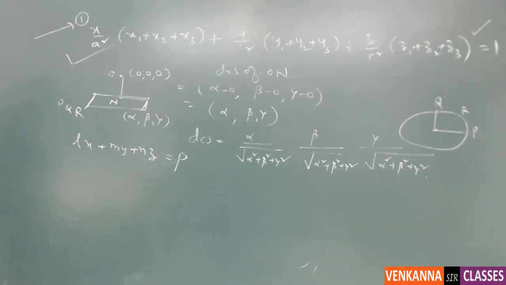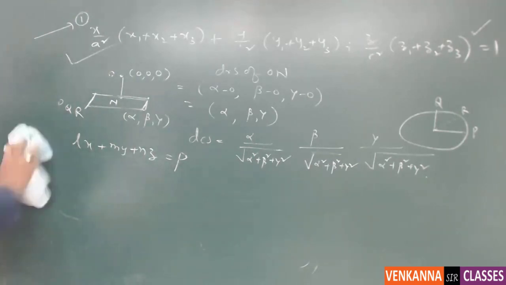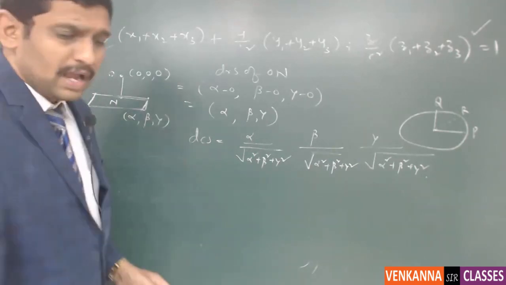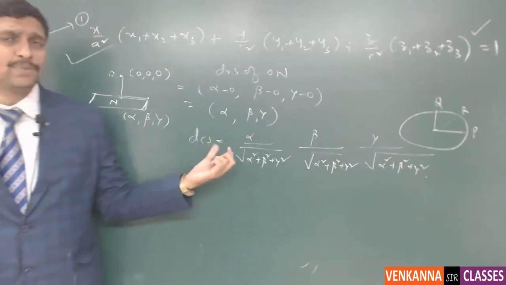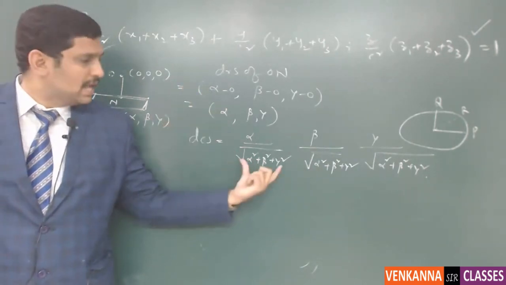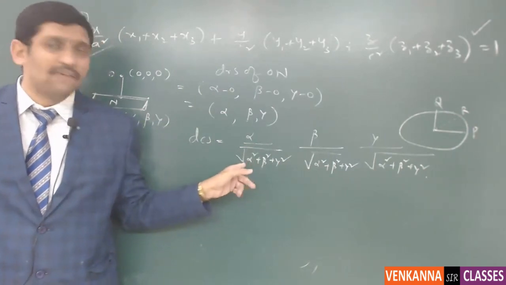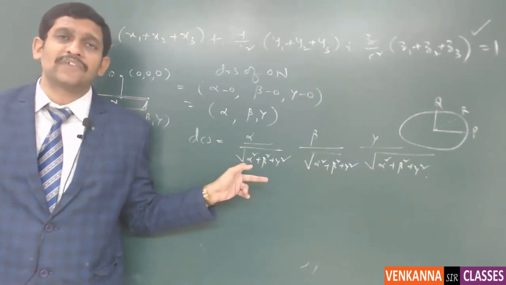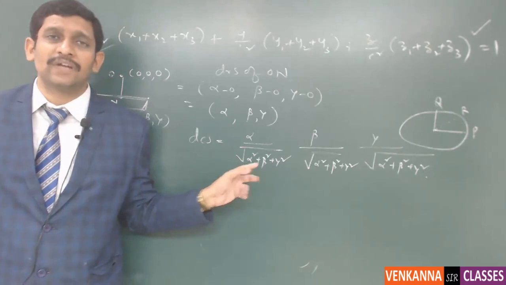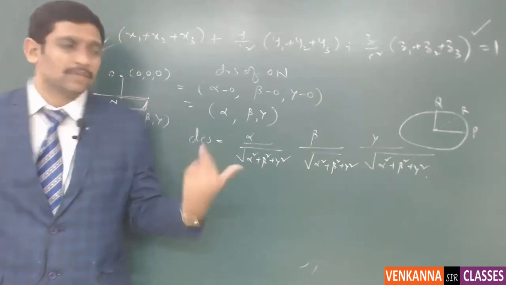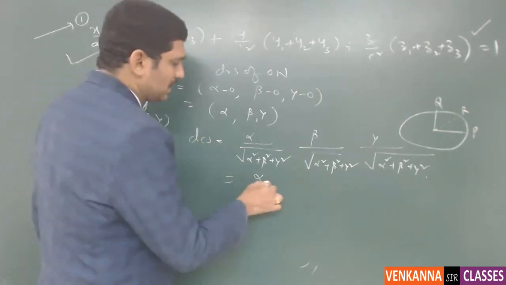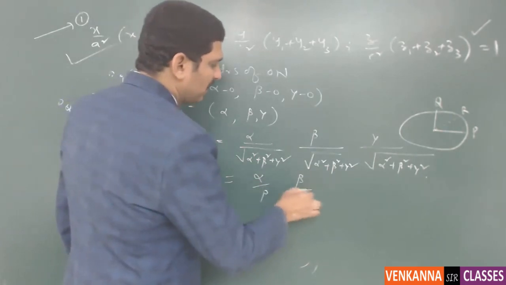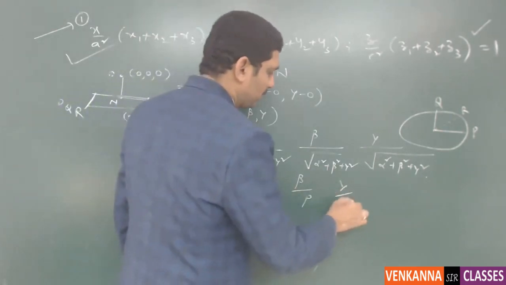So using that ideology in my mind, and since the DC values seem somewhat confusing, I will use a symbol here. I will take square root of alpha square plus beta square plus gamma square is equal to a value, say p. So you will get that DCs are nothing but alpha by p, beta by p, and gamma by p.